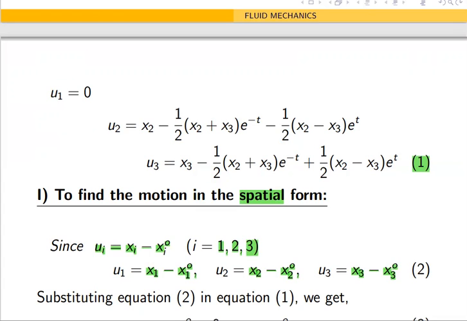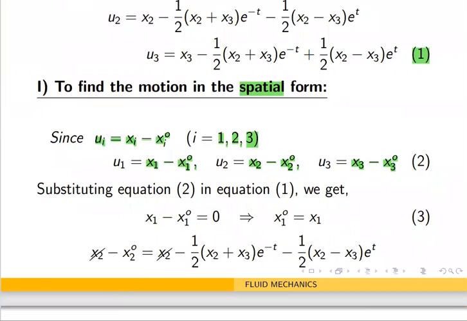So substituting 2 in equation 1. u1 is x1 minus x1 naught equal to 0, which implies x1 naught equals x1. Now, the second equation of equation 1, that is u2, which is x2 minus x2 naught.